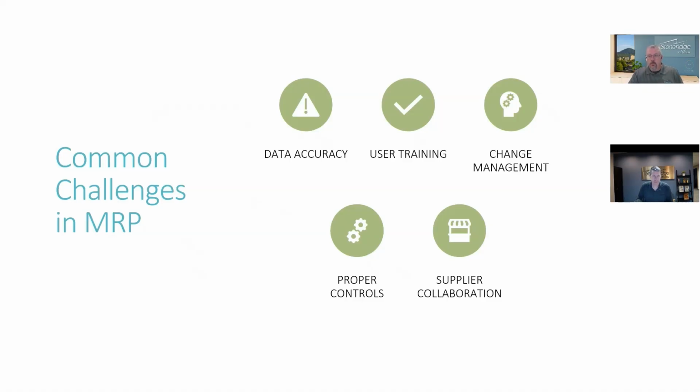MRP is a very large process, and if you're not using the right data, whether it comes to ordering parameters, safety stock, SKU cards, or lot sizes, these all contribute. We like to say garbage in means garbage out, right? So you're not going to get the information that you're looking for.